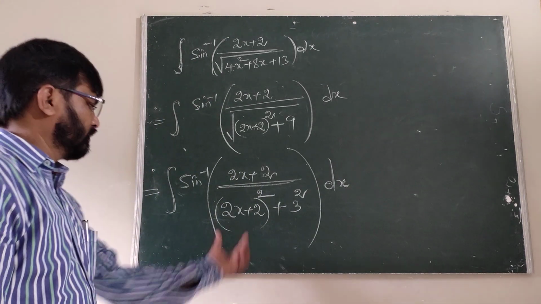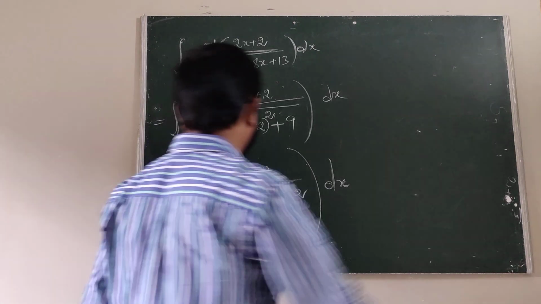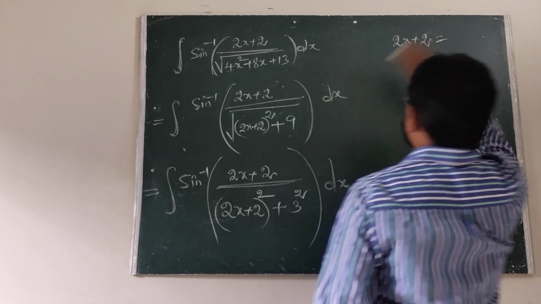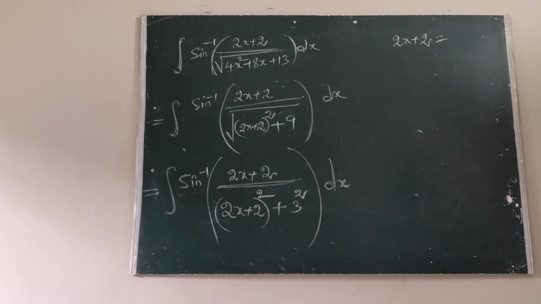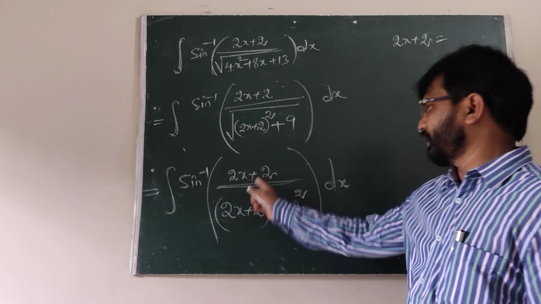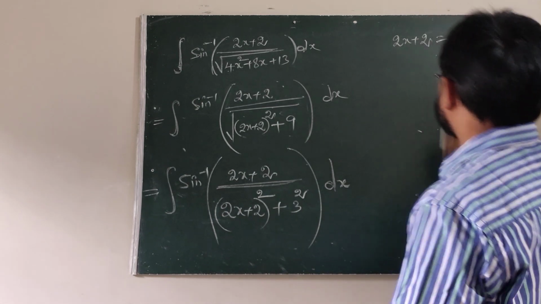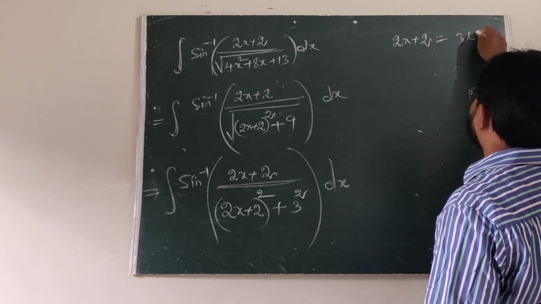How to write this one? The 2x plus 2 is there in numerator and denominator. The 2x plus 2 is taken as some 3 tan theta.